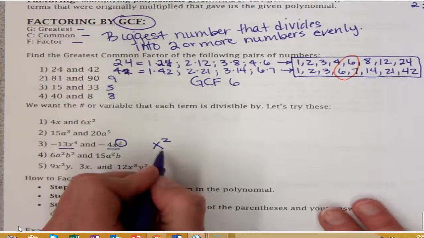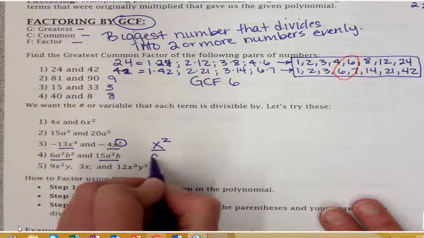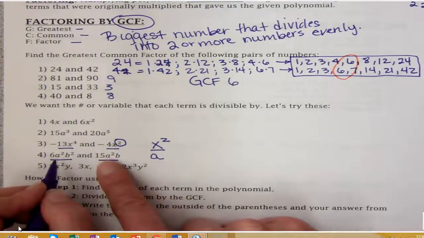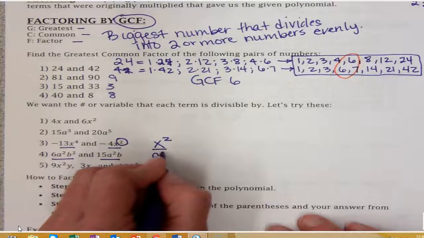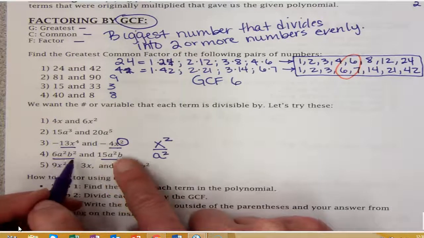That would be the greatest common factor among those exponents. In this situation, I have a's. The smallest exponent that is in both of these would be a squared. That would leave me with 1, but that's okay.